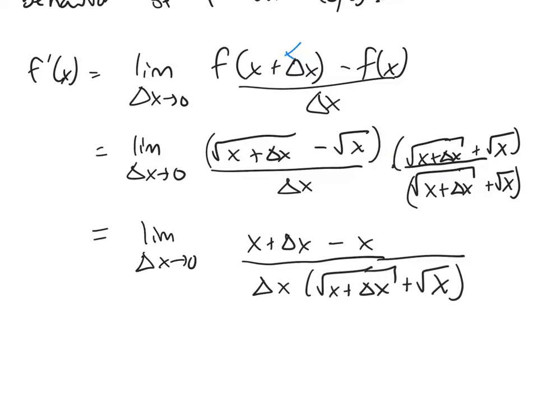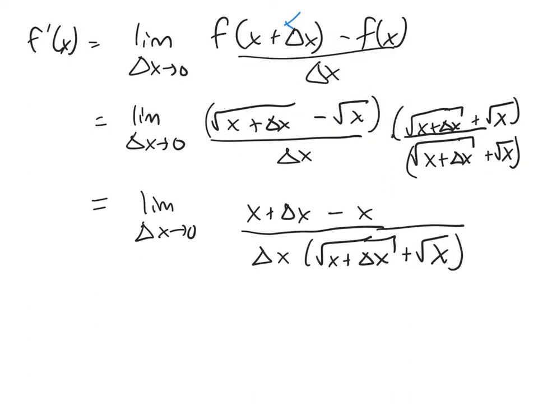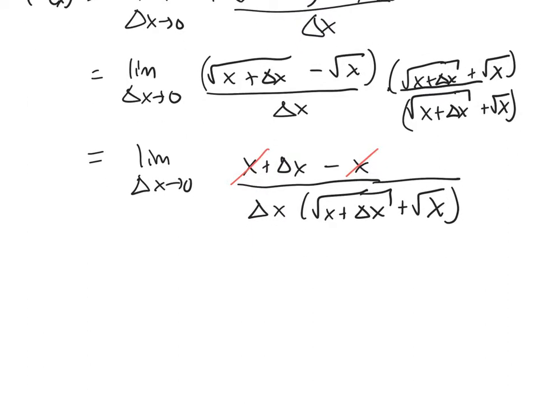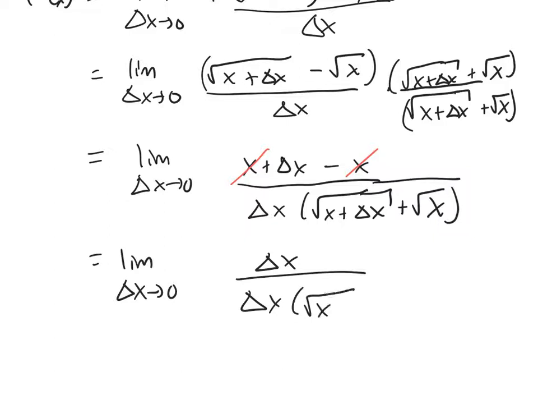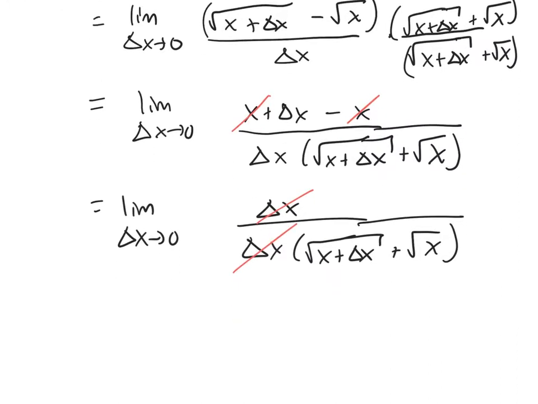And if you look in your numerator, you'll see some things that cancel. X and minus x. So then, what am I going to be left with? Well, we see something else that cancels. Delta x cancels in top and bottom.